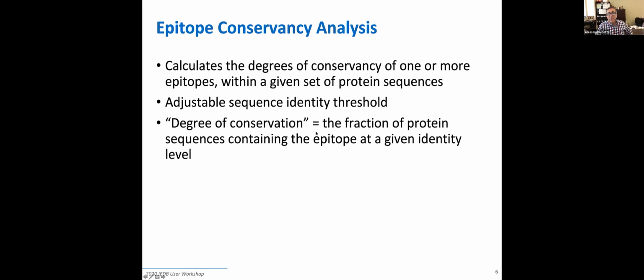And so what fraction of conservation is also a function of what you call being conserved. So if you want to say this epitope is conserved in how many of this set of 20 sequences, you have to define: do you consider being conserved, you require 100% identity, or 70% identity is good enough, and so forth.